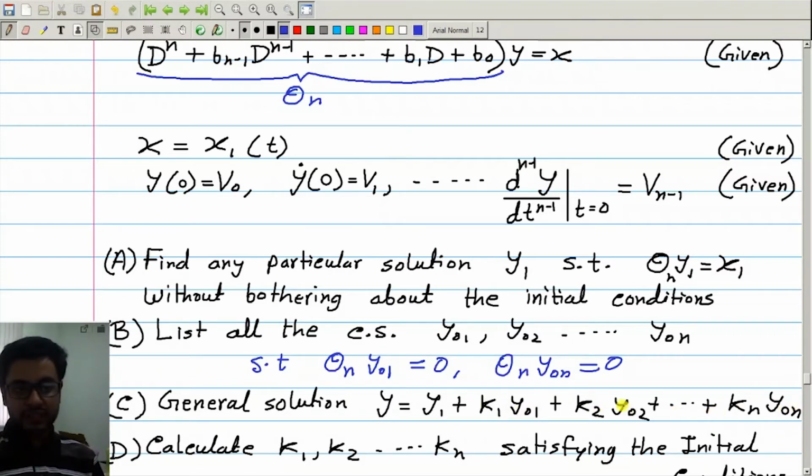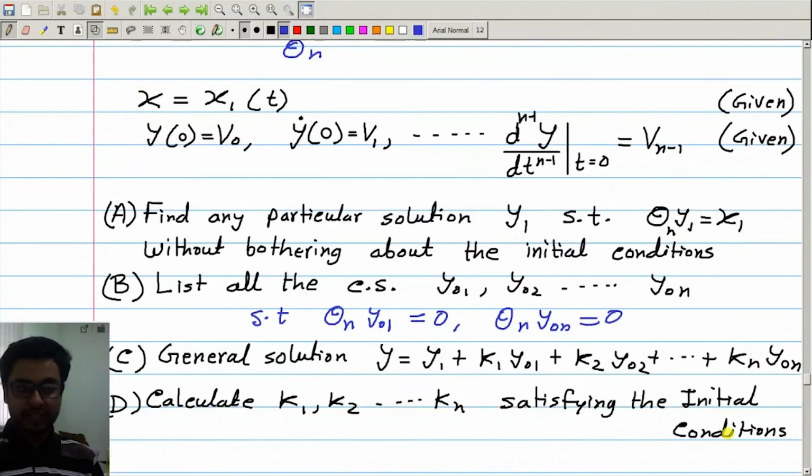So these are the complementary solutions plus this one particular solution which satisfies when y1 equal to x1. Then we will calculate the values of k1, k2, kn, all of them satisfying the given initial conditions. So these are the steps that we have mentioned previously.